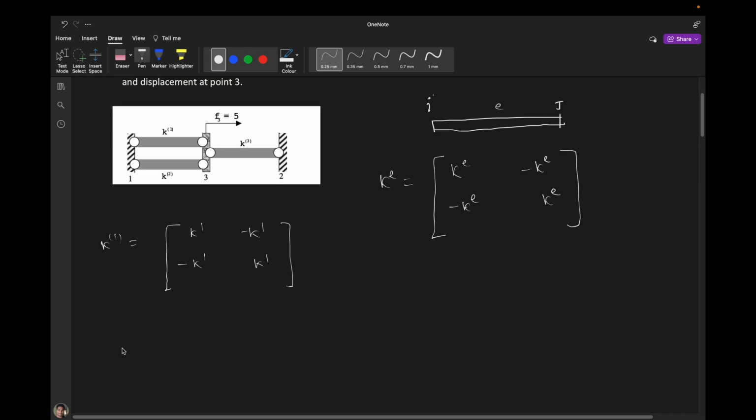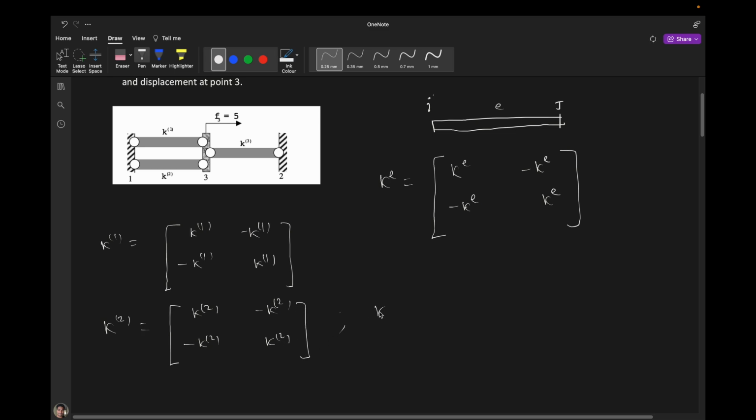Similarly for the k2 bar, I mean this bar, what will I write? Same thing, (k2), I will write in brackets so that we are sure it is not raised to the power. So k2, minus k2, minus k2 and k2.